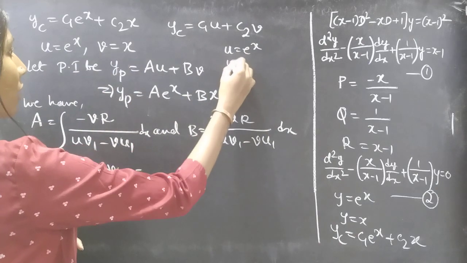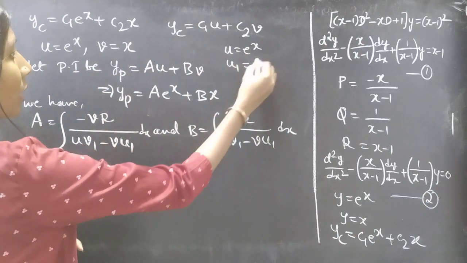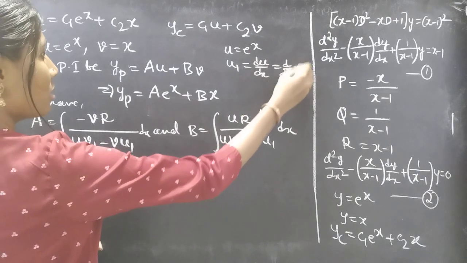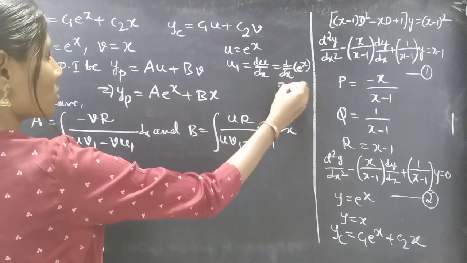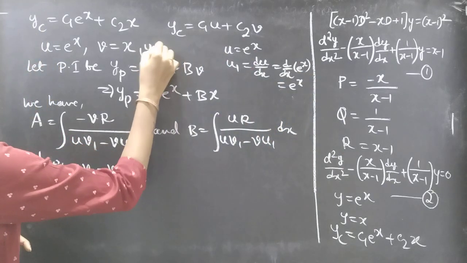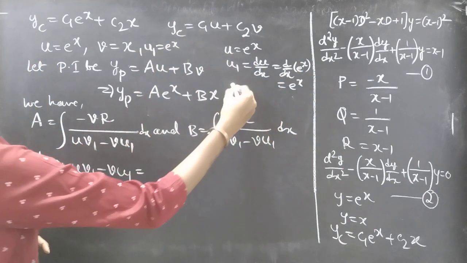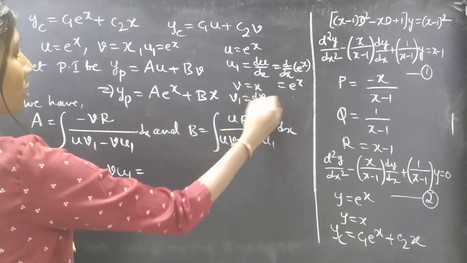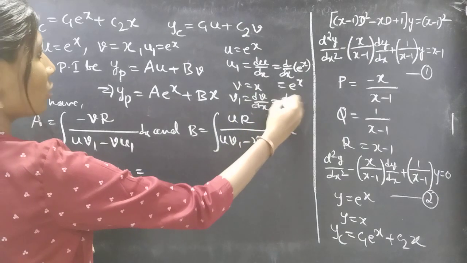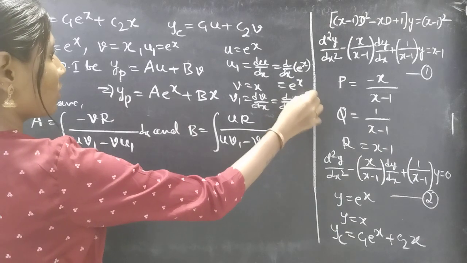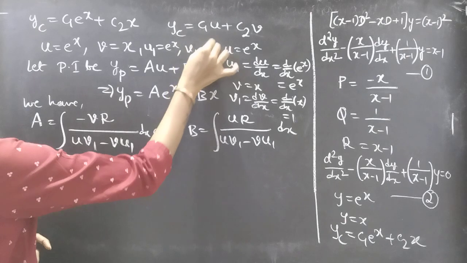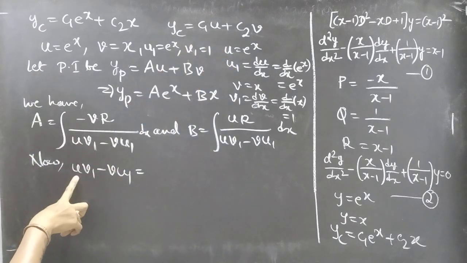If u equal to e power x, u1 is given by du by dx, the derivative of e power x with respect to x, which is e power x, right? u1 is e power x and we have v equal to x. v1 is the derivative of v with respect to x, which is the derivative of x with respect to x, which is 1. So v1 is 1.